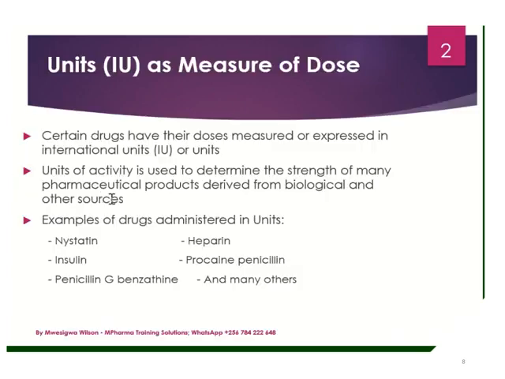So certain drugs have their doses measured or expressed in international units, and these units are used to determine the activity of pharmaceutical products derived from biological and other sources. So just as a measure of strength, some drug strength can also be measured as international units, just to measure the biological activity.